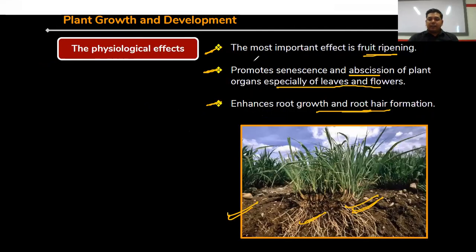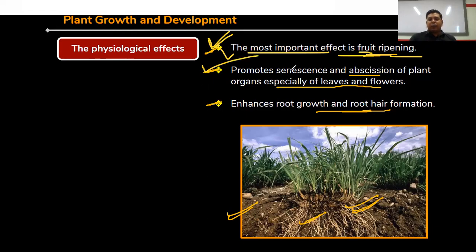fruits. Now, the functions of ethylene. The most important effect is fruit ripening. This is the most important function of ethylene. After formation of several fruits, mango, orange, and so many other fruits, they are ripened with the help of this ethylene plant hormone.